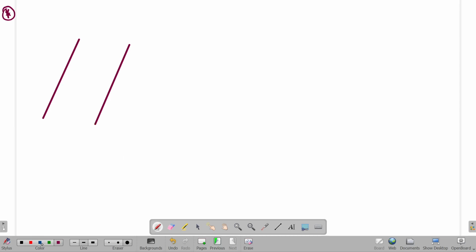So basically, can you see the picture? One minute. Let me draw it like this.